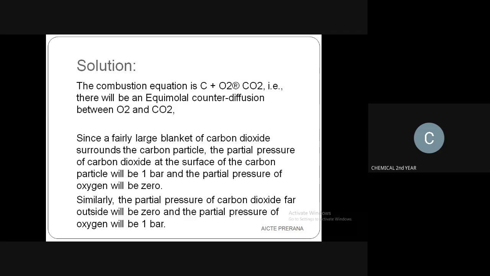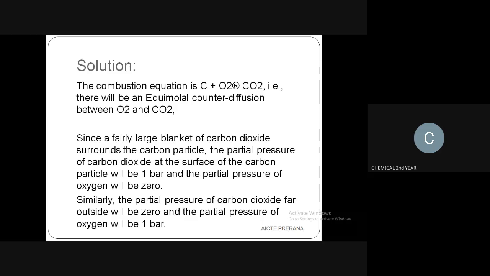Since a fairly large blanket of carbon dioxide surrounds the carbon particle, the partial pressure of the carbon dioxide at the surface of the carbon particle will be 1 bar and the partial pressure of oxygen will be 0.